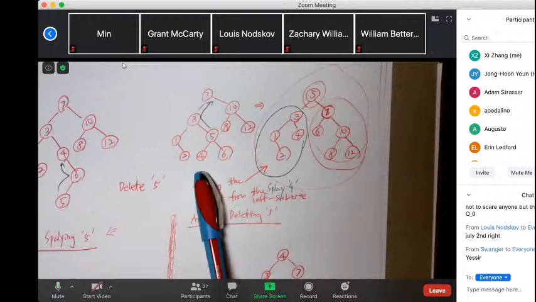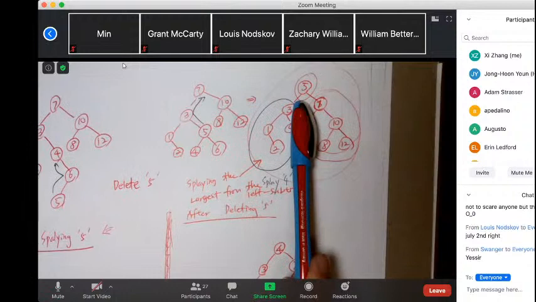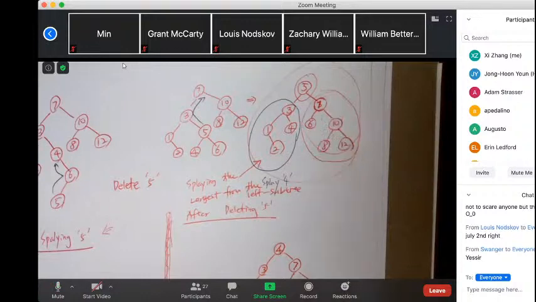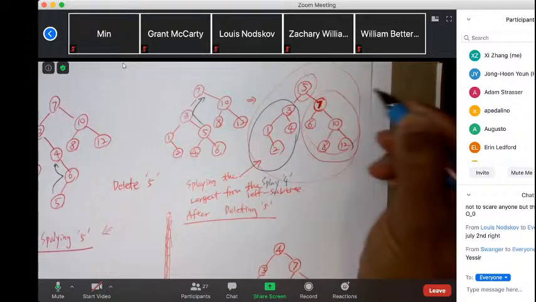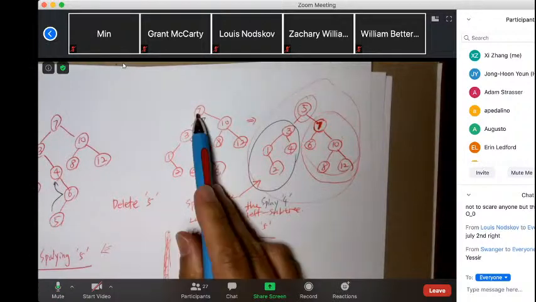After the 5, you wrote A, right? 5, 7, 6, 10, 8, 12. Oh, after 5 is 7. Yeah, it's 7. Sorry. Okay. Because 7 is the grandparent, it becomes the right child according to the algorithm. Yeah. Thank you. Sorry for my handwriting.